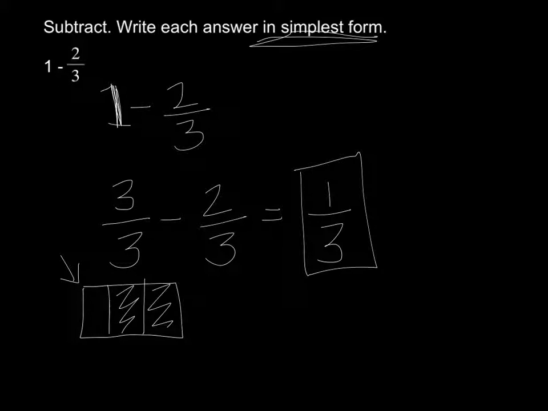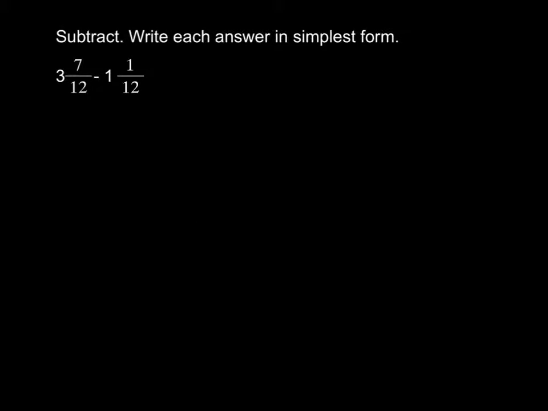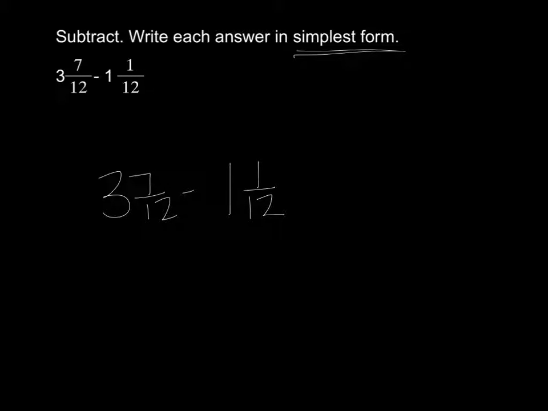Let's try another one. Subtract, write answer in simplest form, again is our directions. Now, 3 and 7/12 minus 1 and 1/12. Here's what we are going to do. We're going to set it up like we would normally if we did not have fractions. 7/12 minus 1 and 1/12.